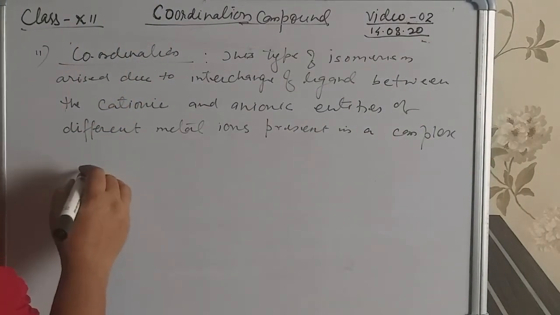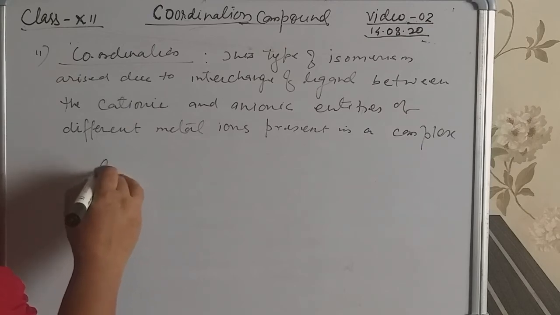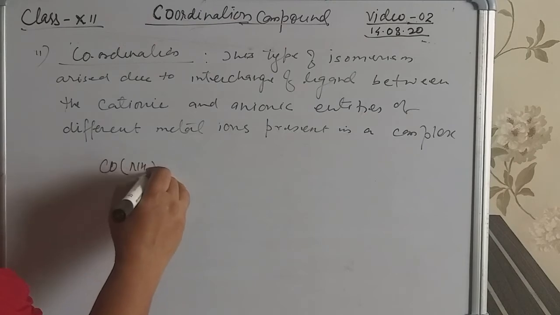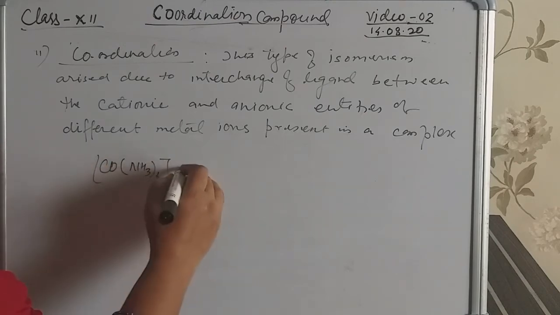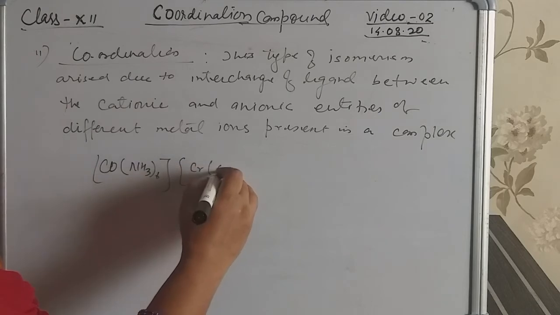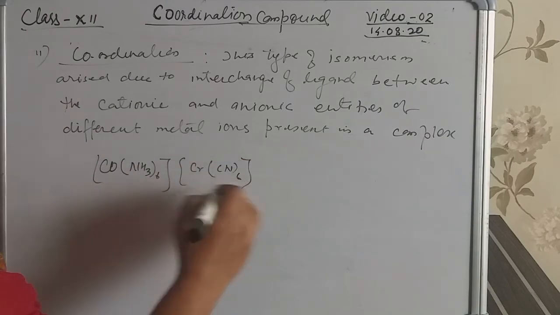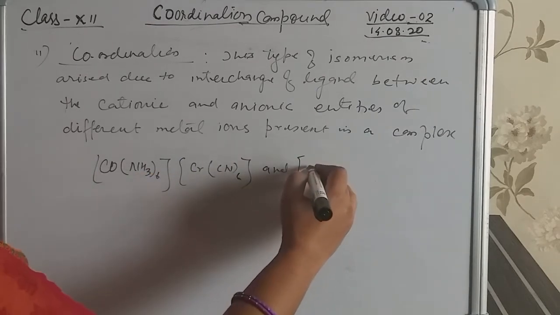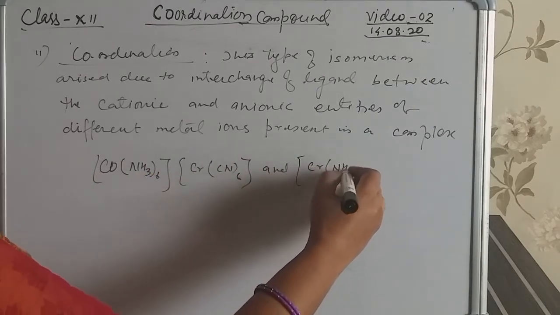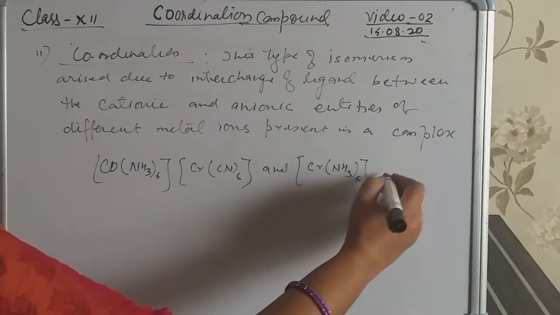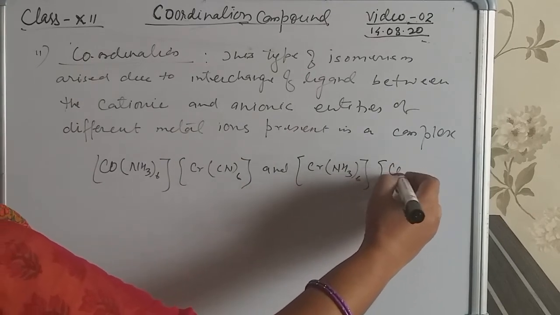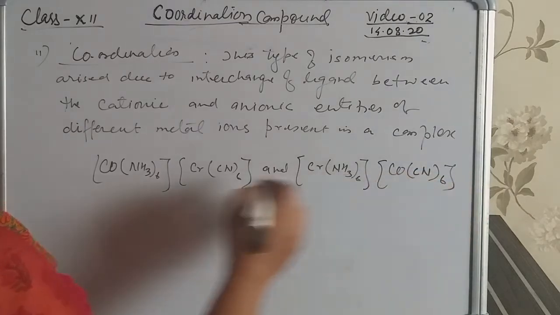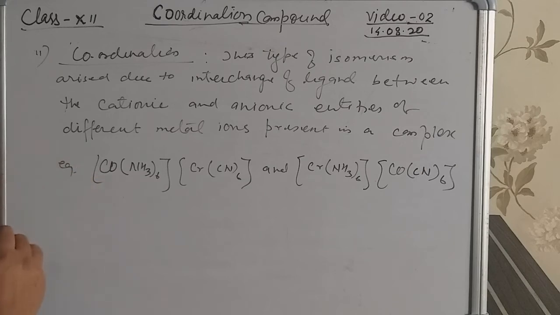Let's discuss through an example. Suppose we have Co(NH3)6 and Cr(CN)6, and only the change of central metal ion takes place: chromium with NH3 and cobalt with CN6. So this is the best example.